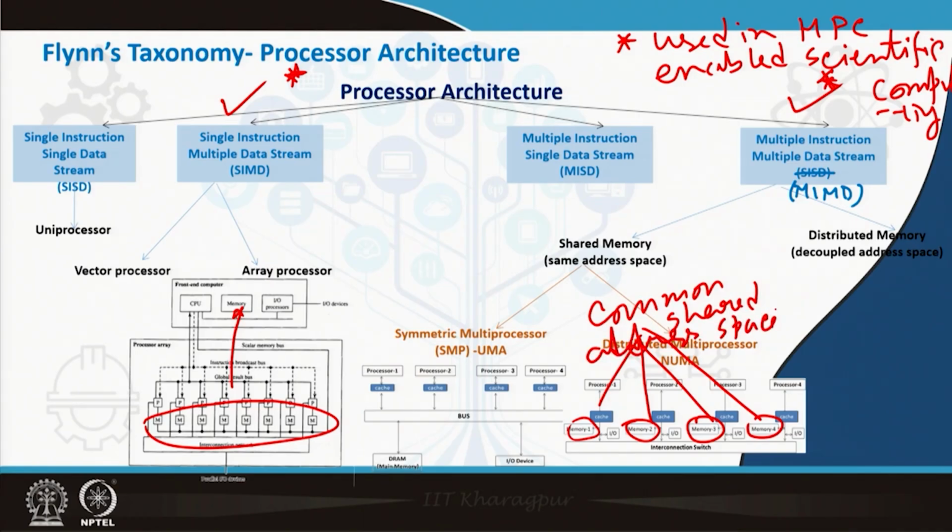So, if there is a vector a, a few elements of the vector a lie here, and the next elements lie in other memory units. Each processor, through that interconnect switch, can communicate and see the parts of the other memory units, which lie with the other physical RAMs.